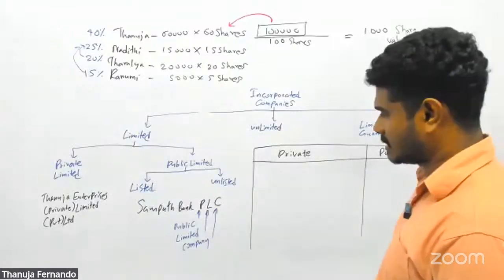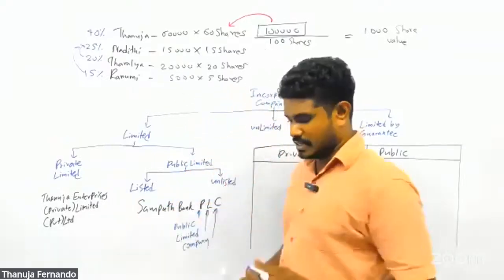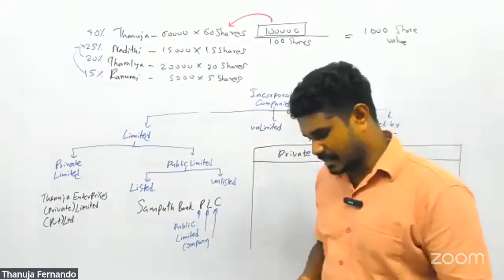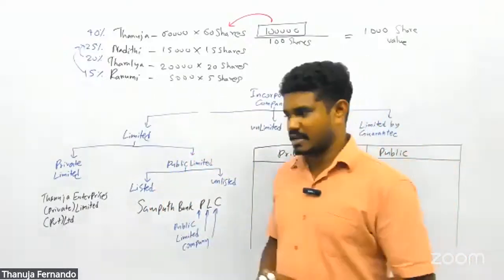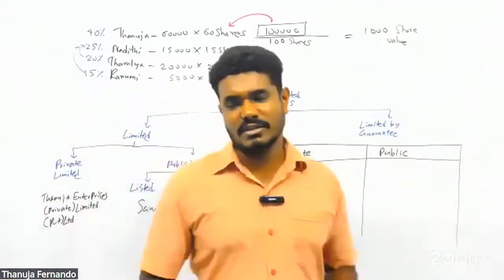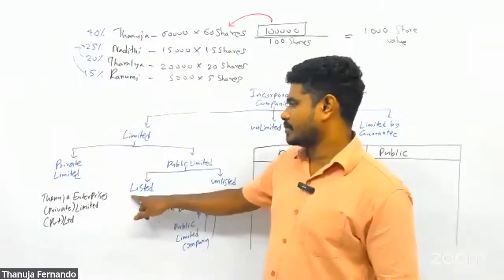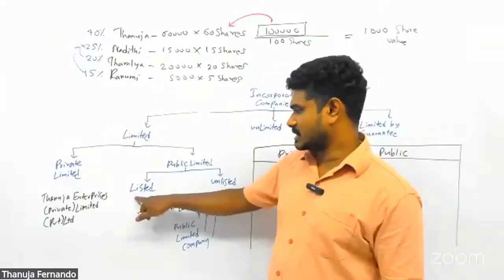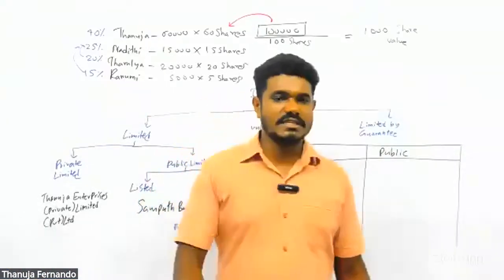Among these private limited and public limited companies, some companies are listed in the share market. If a public limited company is listed in the share market, we can consider it as a listed company. And there are some public limited companies that are not listed in the share market.